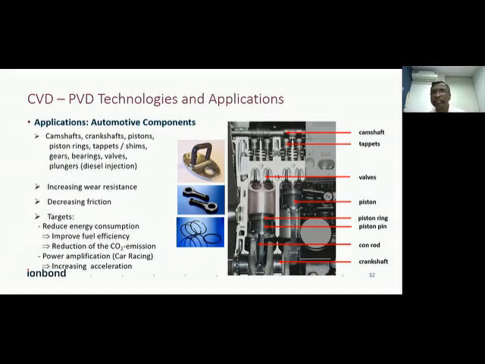And all these engine parts like camshaft, tappets, valves, piston rings, or the crankshaft, all these have now started being coated with DLC-based coatings to reduce the CO2 emission from the engine, as well as increase the acceleration. So even if we increase the acceleration, there is very little friction, and ultimately very little emission.